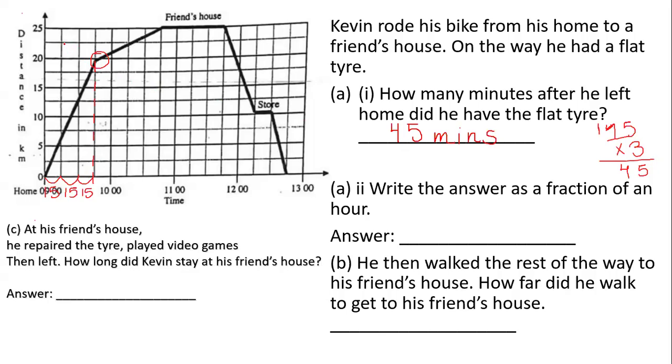All right, so this is where he had the flat tire, Canaan. We know this is where he had the flat tire because as you can see, his speed changed. He was going very fast, and then even though he's still going, the speed dipped. So we had the flat tire definitely right here.